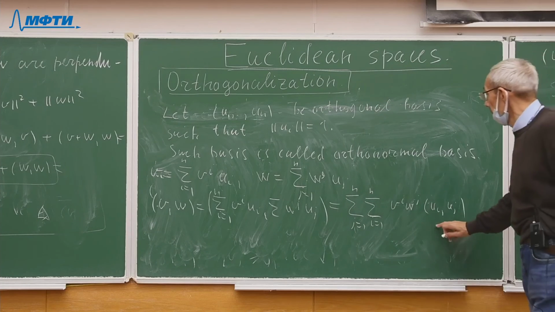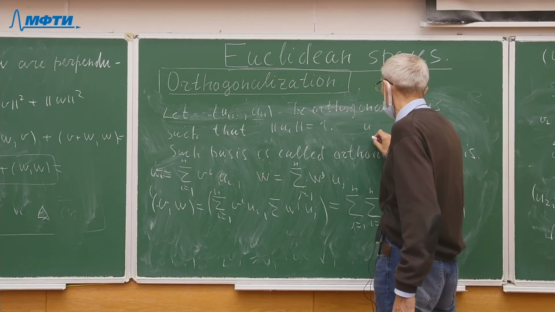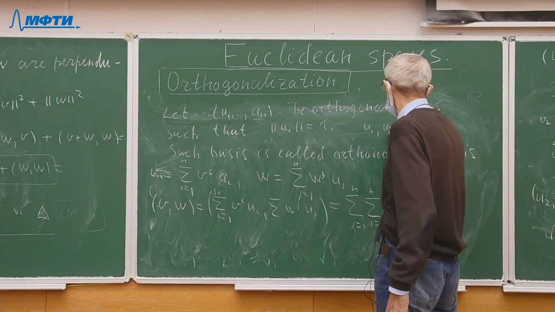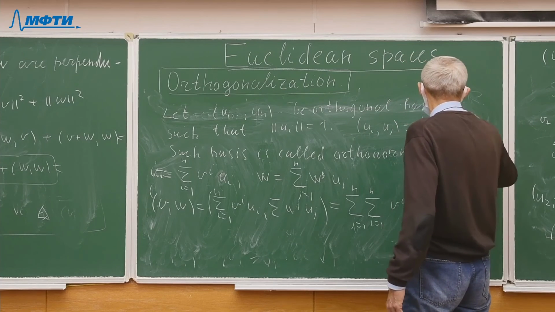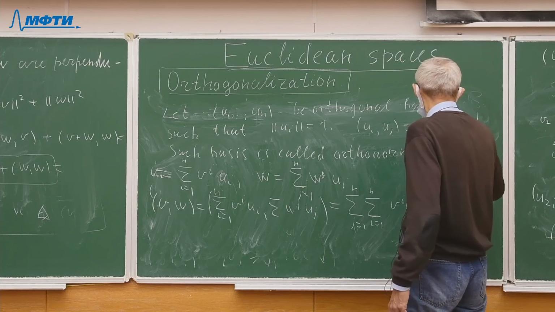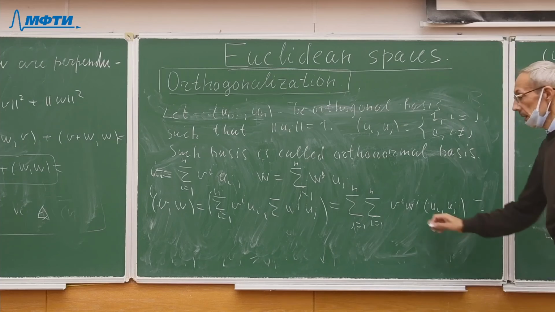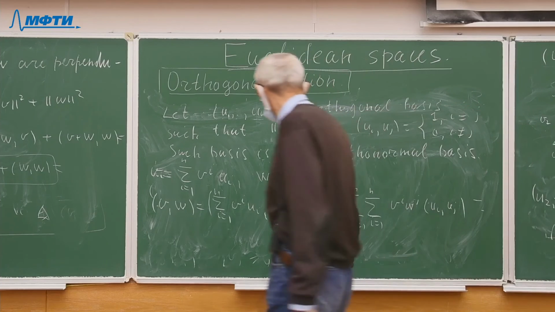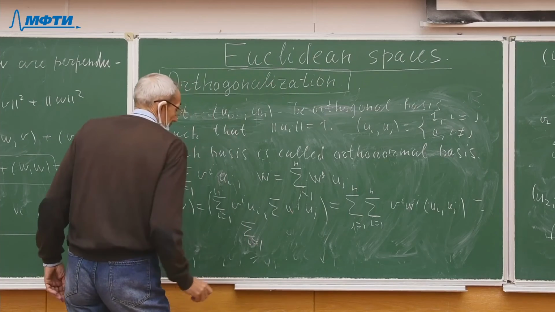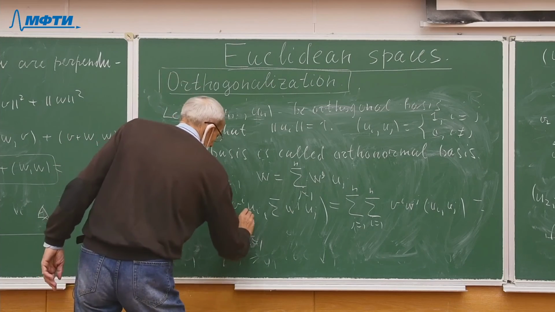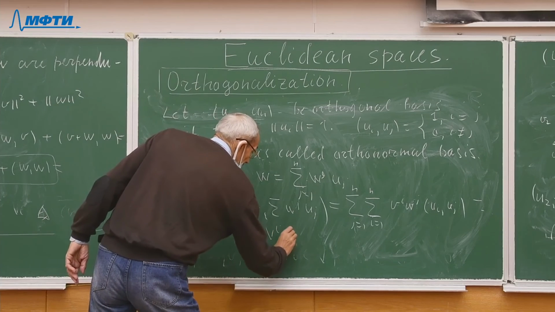But an orthonormal basis can be defined by the following formula: the scalar product (ui, uj) is equal to 1 if i is equal to j and 0 if i is not equal to j. And the last formula can be rewritten in the following form: the sum by only one index i, vi wi.